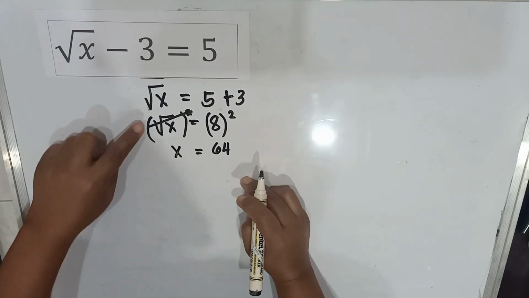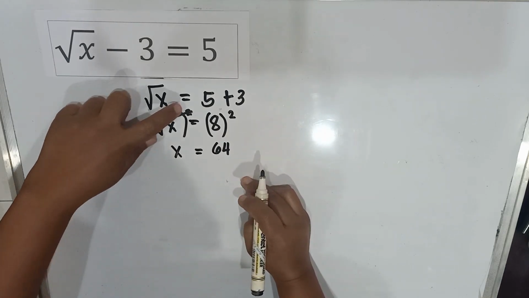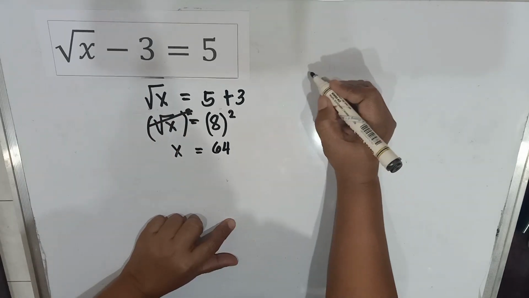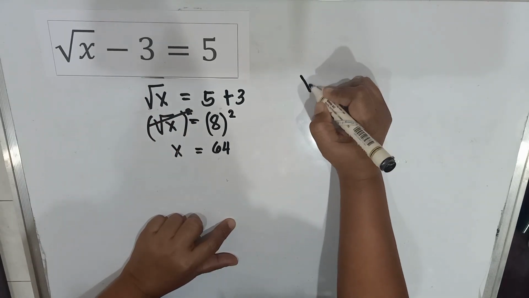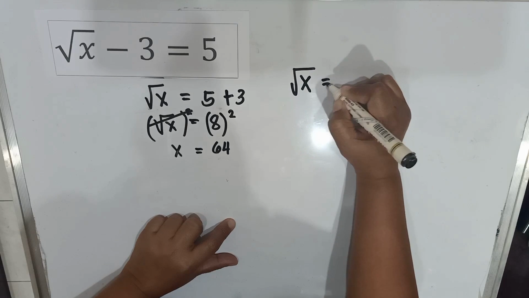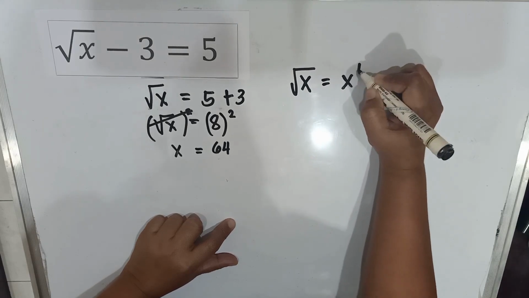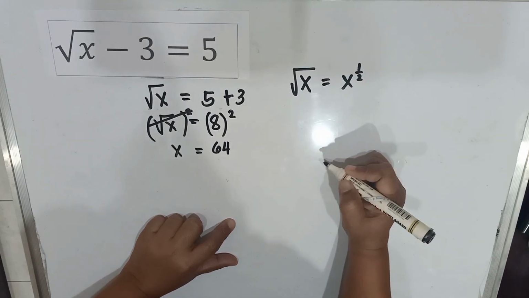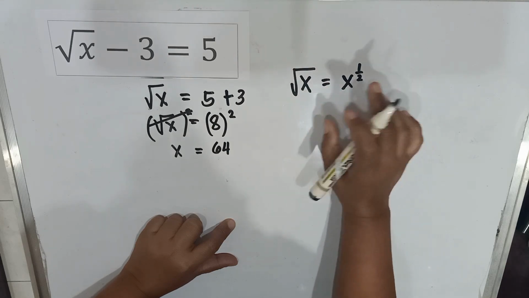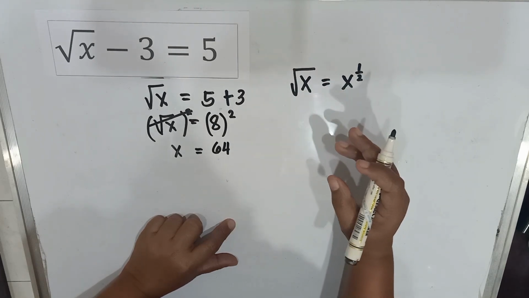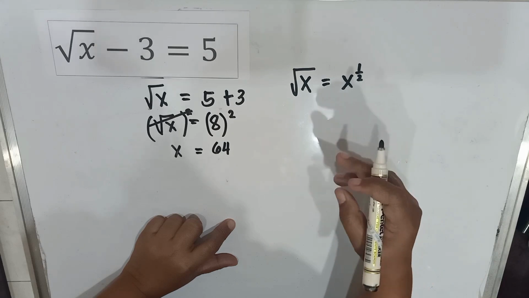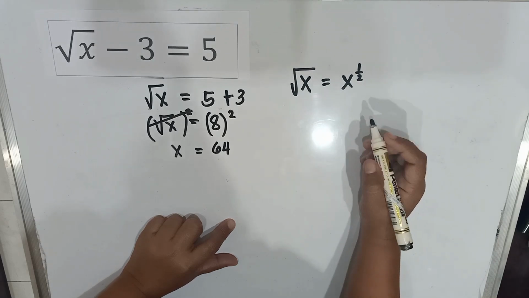You might wonder why we canceled the radical and the exponent. Actually, square root of x is x raised to the power of 1/2. When you transform a radical, it becomes a base raised to a fractional exponent.